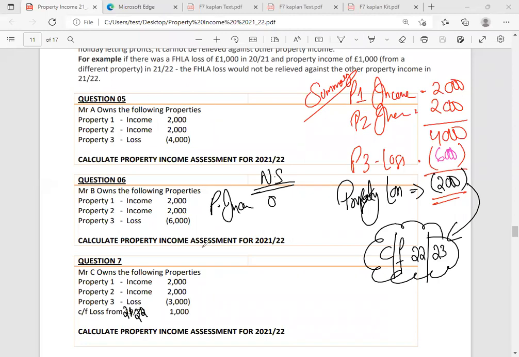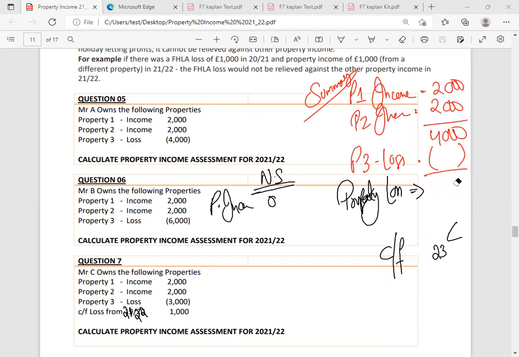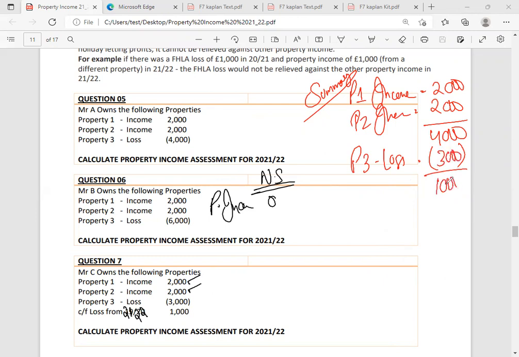Question number 7, you can see. What change did I make? There's a loss from the previous year, 2000. The current year loss is only 3000. So after deducting the loss, I have a positive 1000, but we have a loss from the previous year.